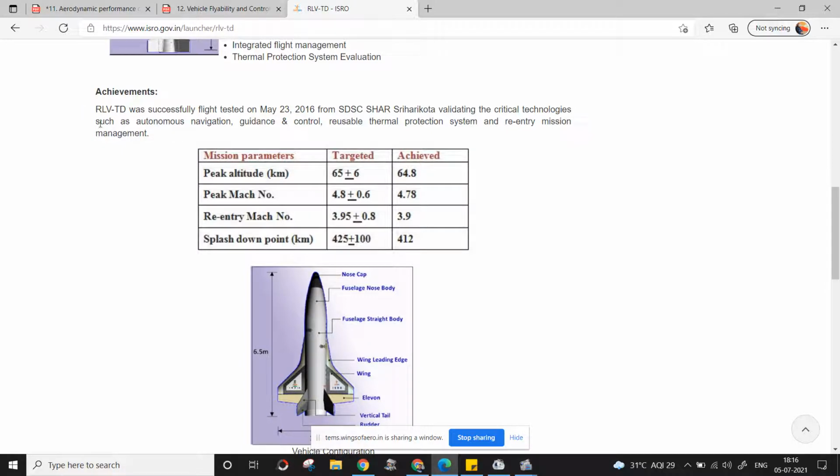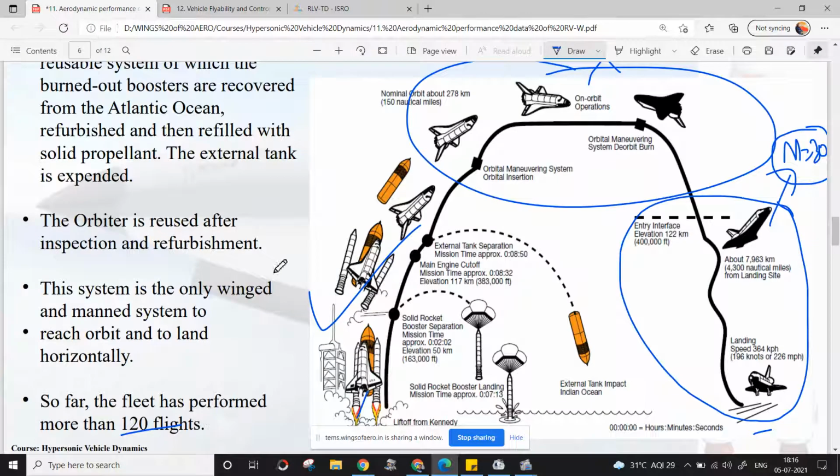So ISRO is in the beginning stage of developing a re-entry vehicle with winged configuration. If you are designing such a vehicle which can give better performance than the RLV, you have to study re-entry vehicles with winged configuration, what the space shuttle is doing, how they designed the space shuttle configuration, and what factors they included.